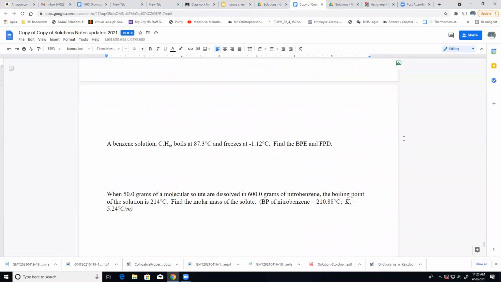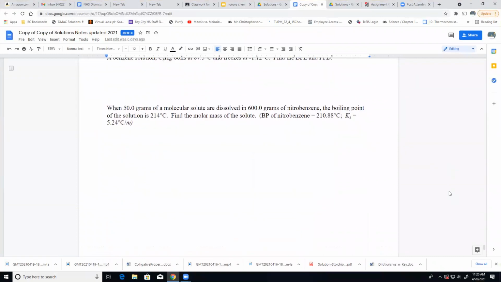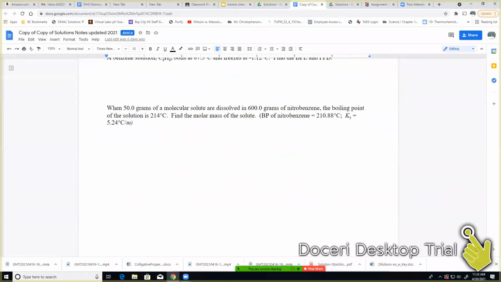All right, and then the last one. 50 grams of a molecular solute. So if it's molecular, that's a covalent compound, so that tells me i is equal to 1, dissolved in 600 grams of nitrobenzene.